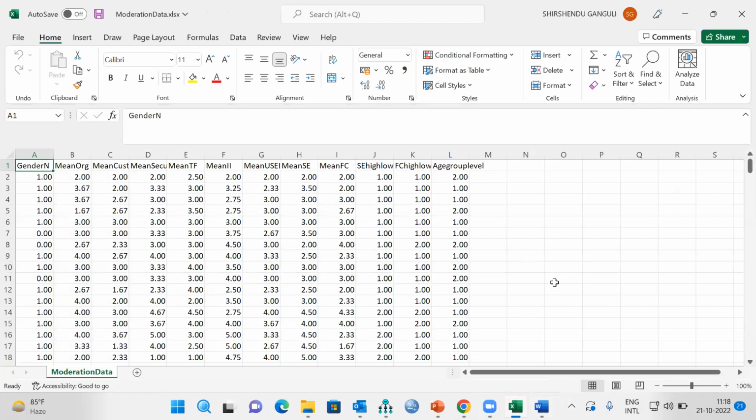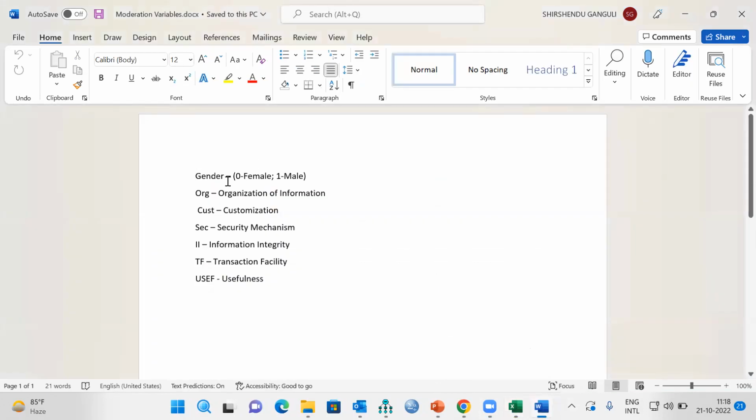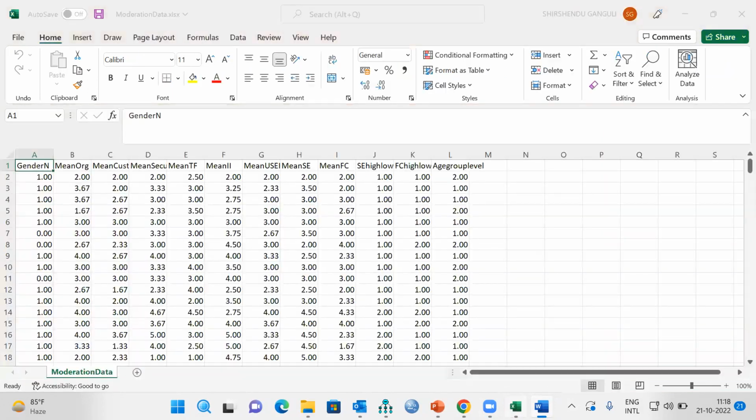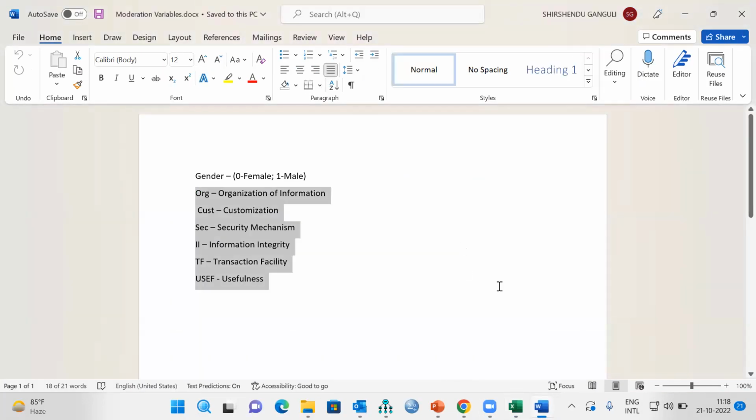It has a number of variables, but what is relevant to us are only these variables, which we'll be using. This is the moderating variable gender, which has been coded as 0 and 1. And these are the variables that we are looking at. So org, CUST, SEC, II, and TF are all your X variables, and usefulness, or USEF, is your Y variable.